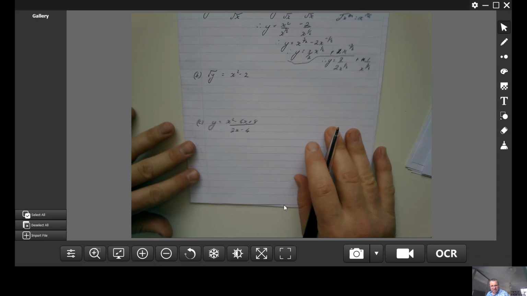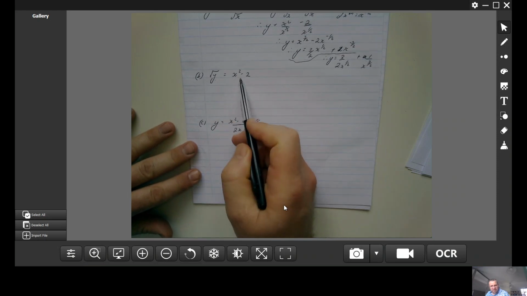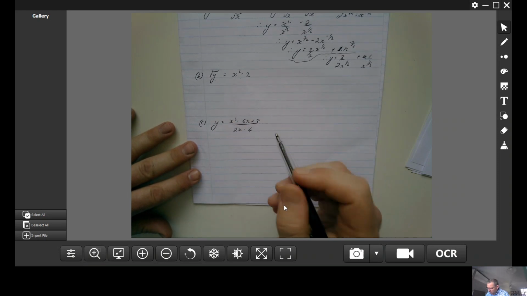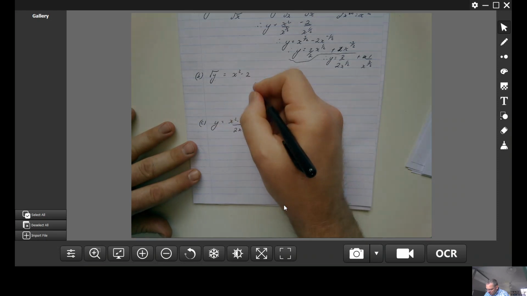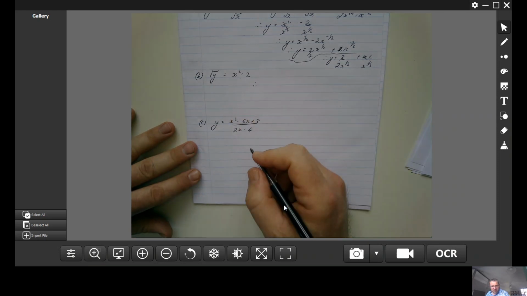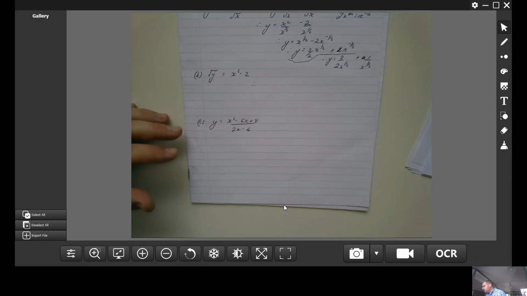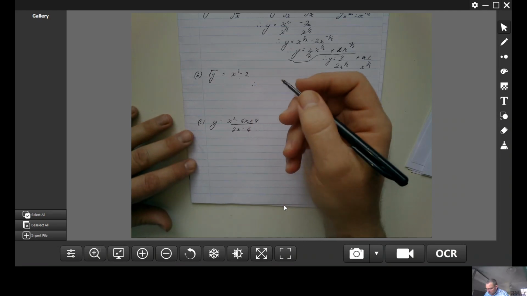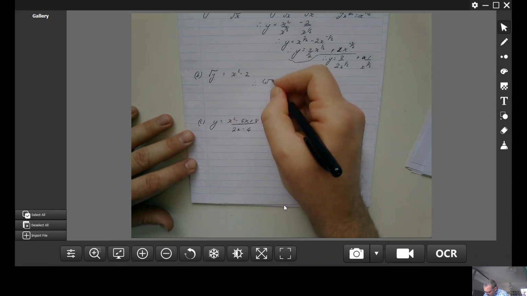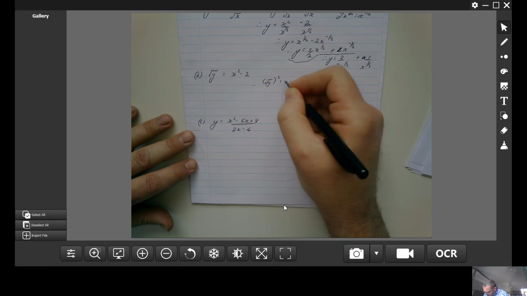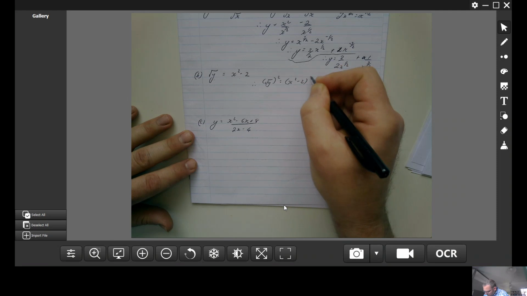Okay, right. The next one. If I've got root y is equal to x squared minus 2, before you can differentiate, you've got to make y the subject of the formula. So what you're going to have to do over here is square both sides of the equation. So you're going to have root y squared is equal to x squared minus 2, all squared.